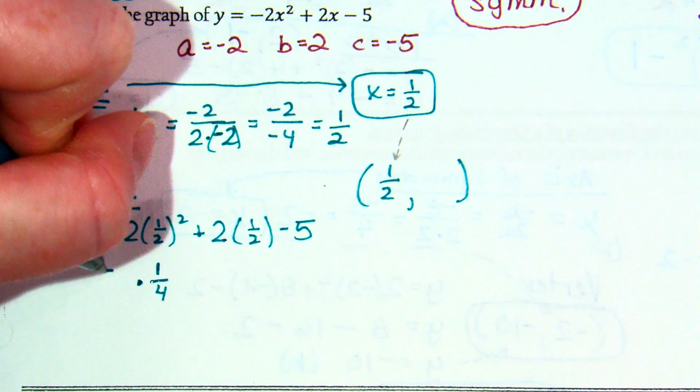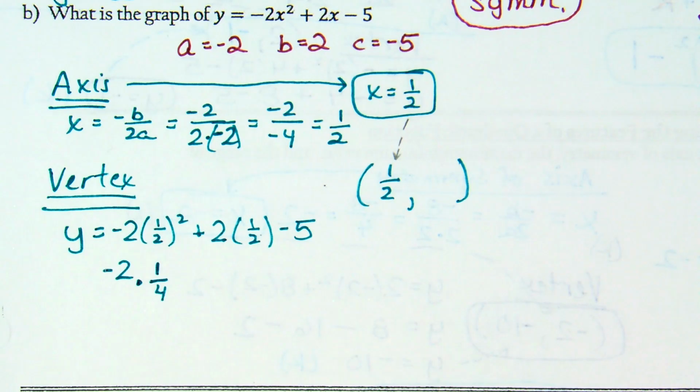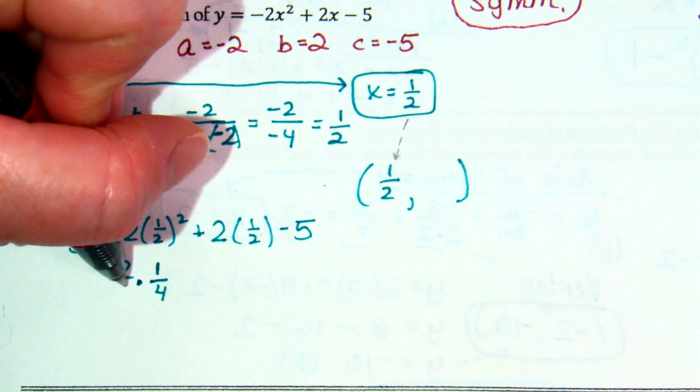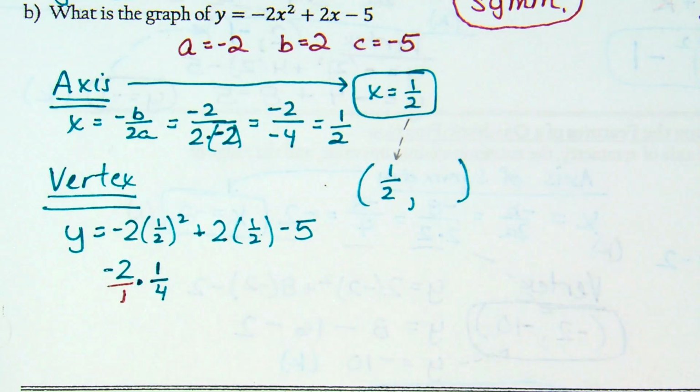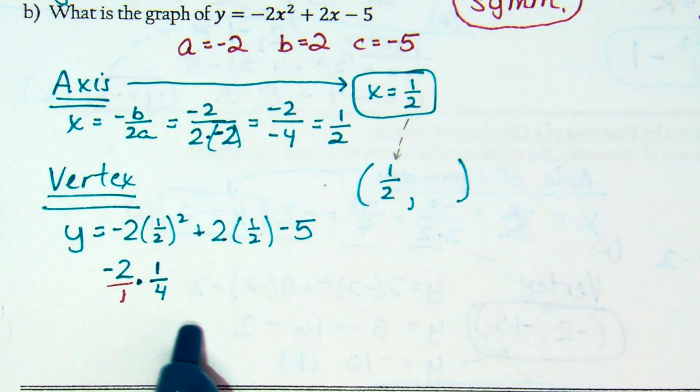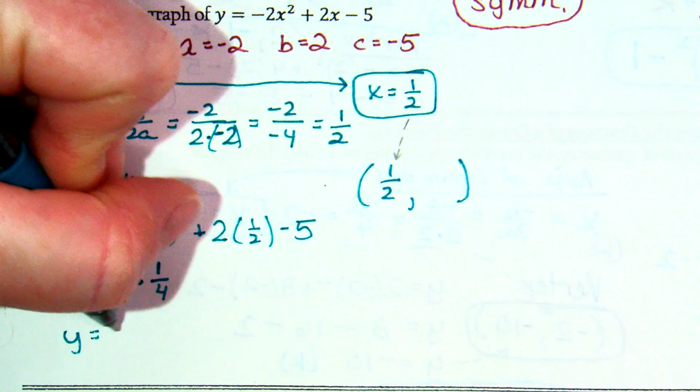And then we're multiplying by negative 2. How do you multiply by negative 2? We put it over 1. What does negative 2 over 1 times 1 over 4 work out to be? Multiply across: negative 2/4, which can be reduced to be negative 1/2.